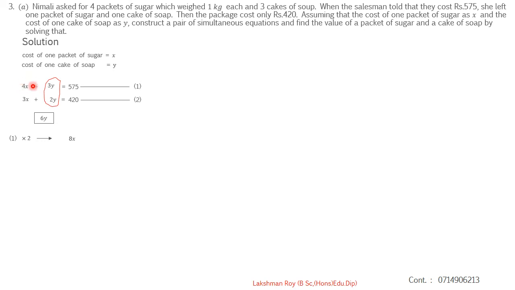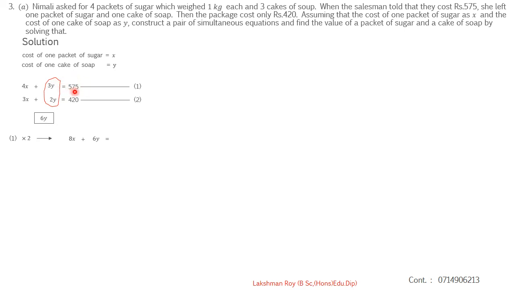So I multiply this 4x by 2: 4x into 2 is 8x. Then plus 3y multiplied by 2, that is 6y. Then equal to 575, which should also be multiplied by 2.